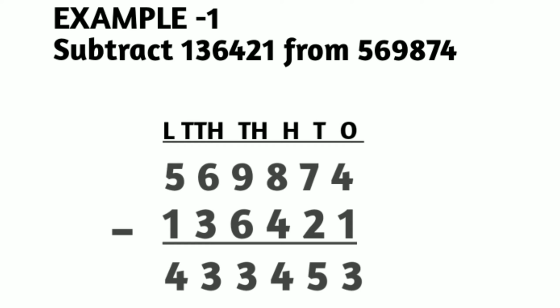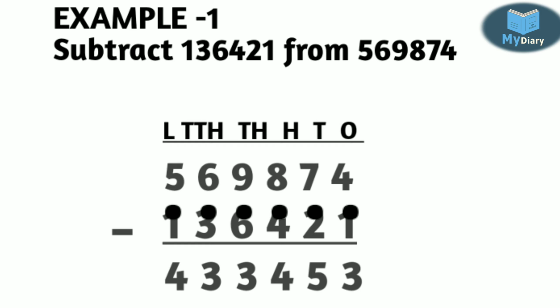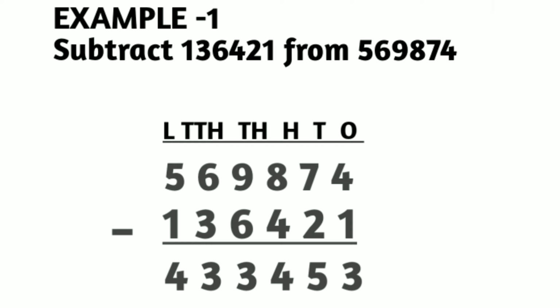We write 4 under the lakh column. Thus, 5,69,874 minus 1,36,421 is equal to 4,33,453.